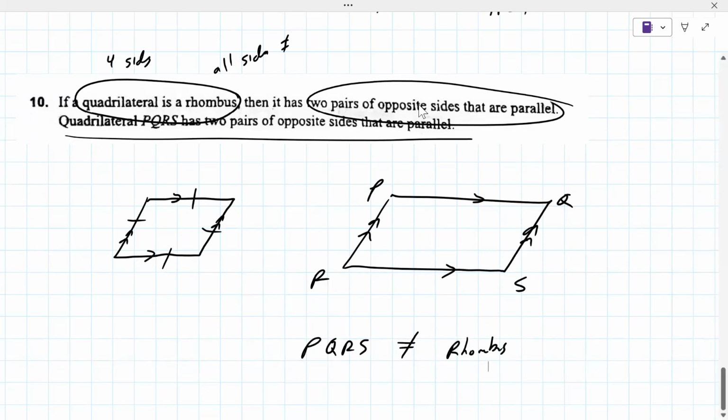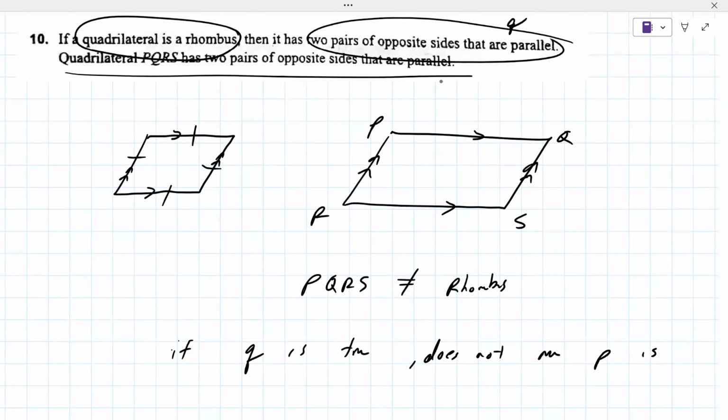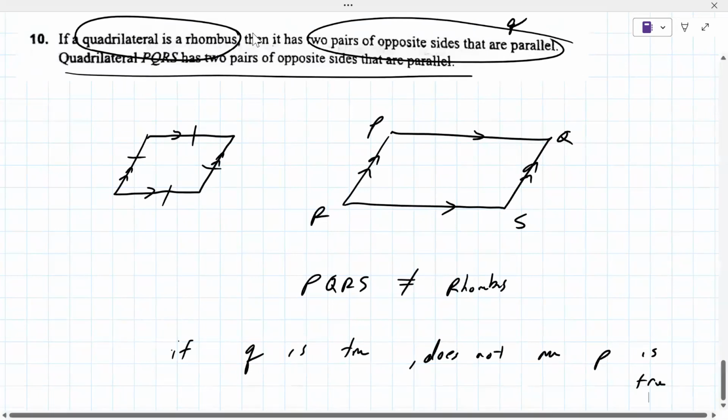Even though it has two pairs of opposite sides that are parallel, we don't know if they're congruent, and a rhombus requires all sides to be congruent. So if Q is true, which is the second part, it does not mean that P is true. P is the fact that it would be a rhombus. It could be, but it couldn't be.